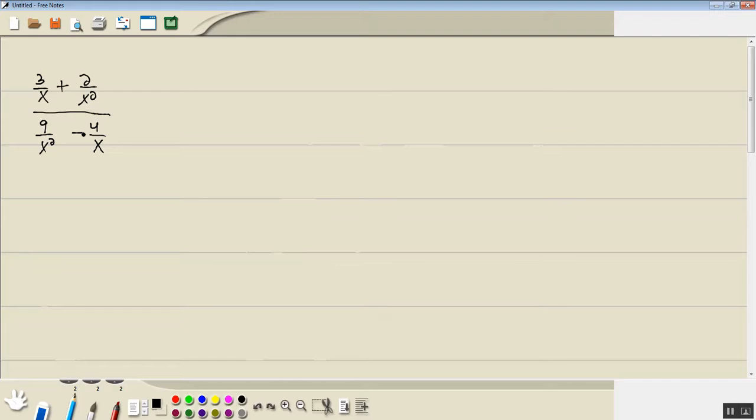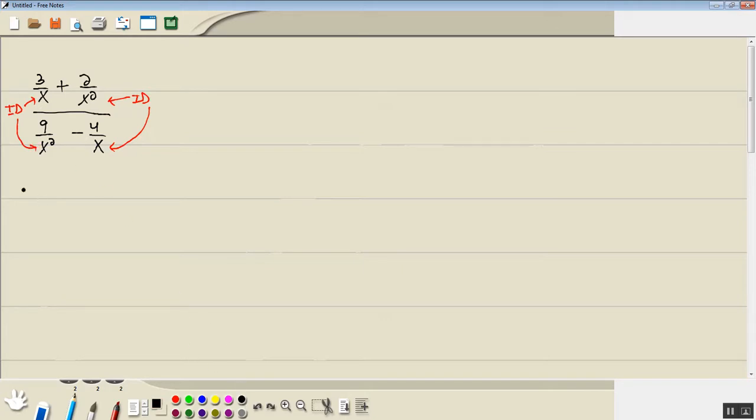Now, this is a complex fraction, a fraction inside of a fraction, and what you have to do is figure out what your LCM is of all your inner denominators. When I say the inner denominators, I'm talking about the x squared here and the x down here, and for the bottom, this x and this x squared.